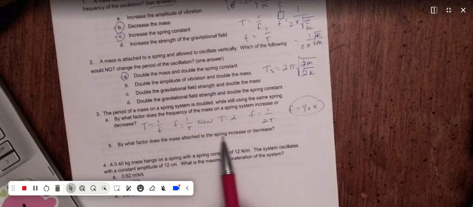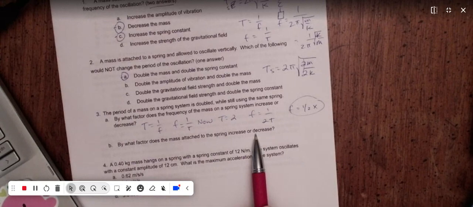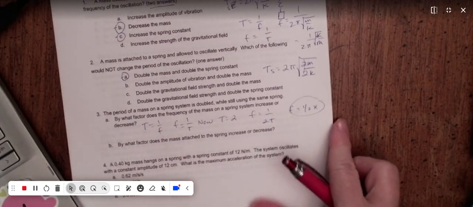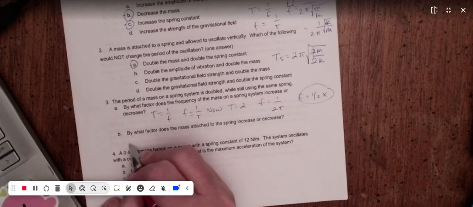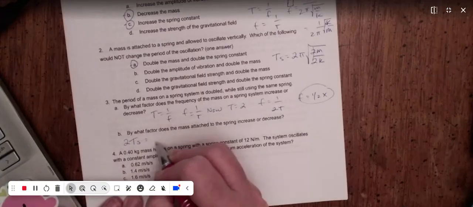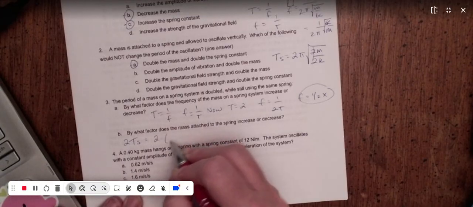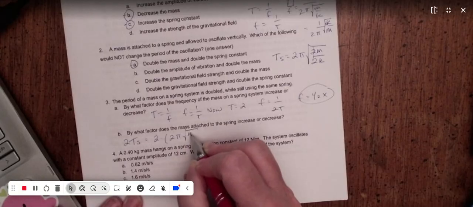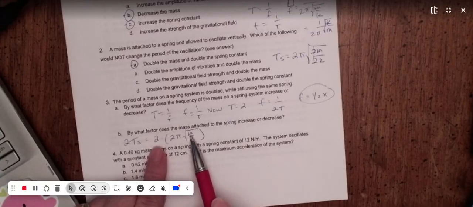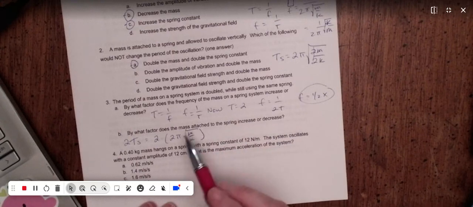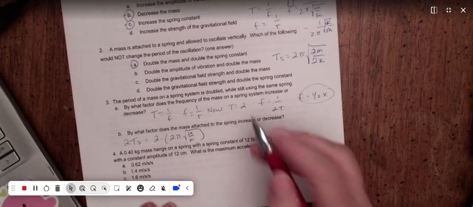By what factor does the mass attached to the spring increase or decrease? This is if the period is doubled. Okay, so if T is now 2T, so we have 2 times 2 pi times the square root of m over k. How could we double it by changing mass? Okay, so if we multiplied mass by 4, that would put a 4 underneath this square root.